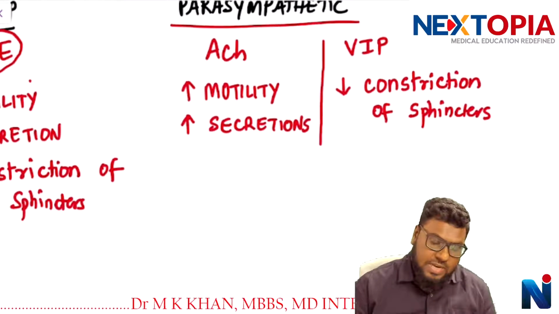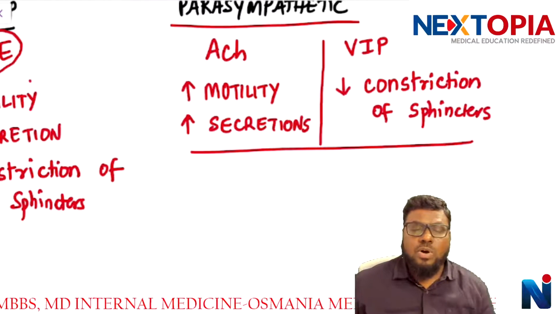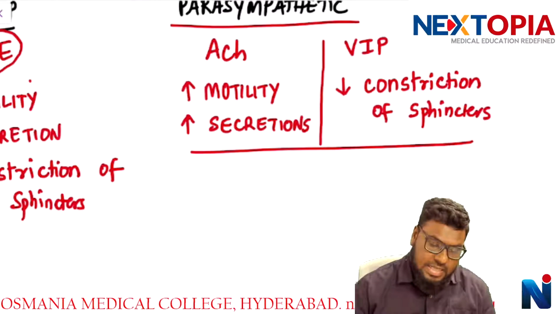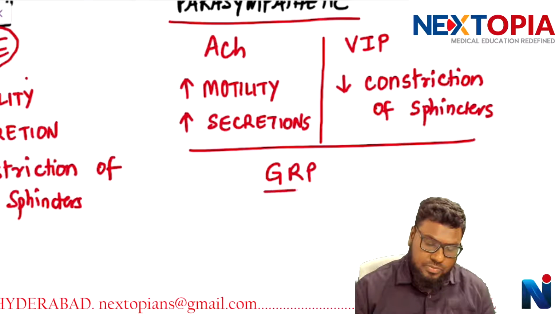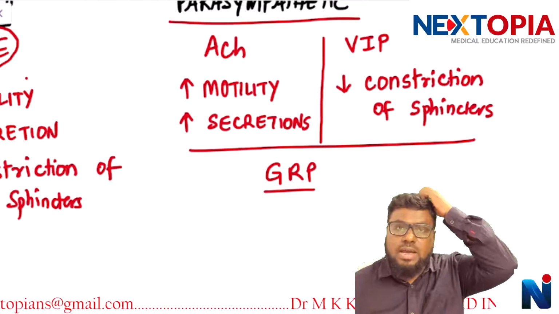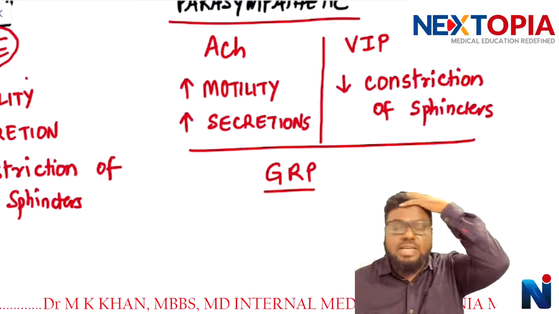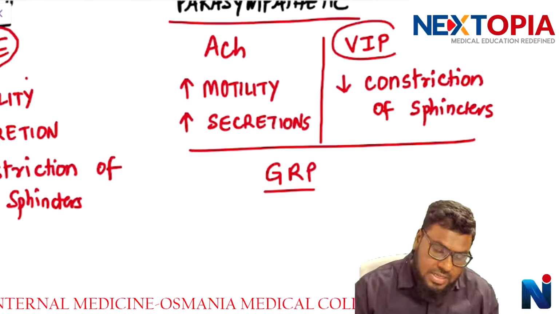We have got one more important neurotransmitter called gastrin releasing peptide. All right, this is also under the influence of parasympathetic nervous system.